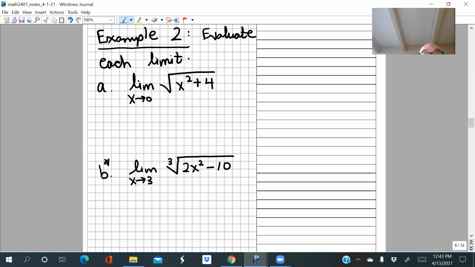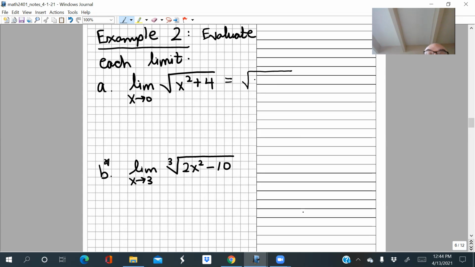And this function certainly includes 0 in its domain. You can certainly calculate the square root of 0 squared plus 4. Since 0 is in the domain of this function, and this function is continuous everywhere in its domain, this limit is also really fast to calculate.